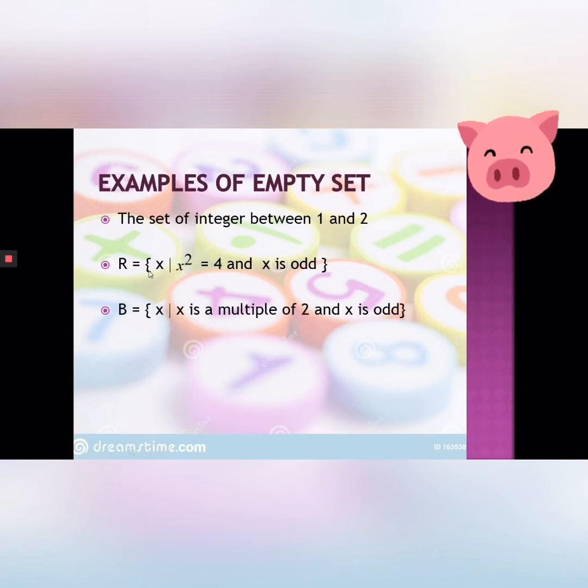Now for the second example, we have set R, x such that x squared is equal to 4 and x is odd. Let me try to write here.